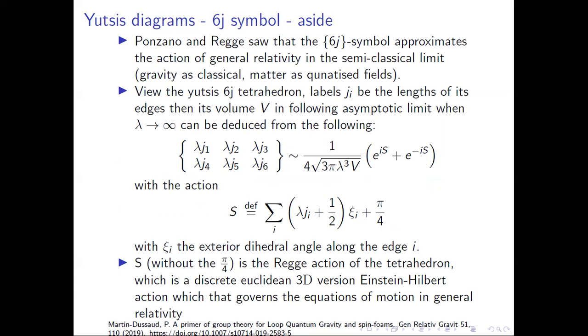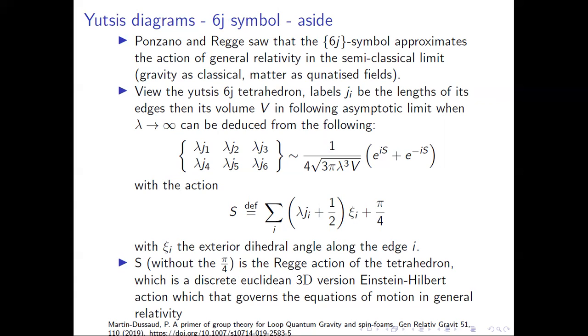So if you take this 6J tetrahedron we've just seen, with the labels Ji as its lengths, then its volume in the asymptotic limit is tied to the action that you would see for the 3D simplicial approximation of the Einstein-Hilbert action. So that's to say, if you take general relativity, you apply the sort of simplicial triangulation scheme that you would see in Ponzano and Regge's work, then the action here is tied in a slightly mysterious way to the limit of these 6J symbols.